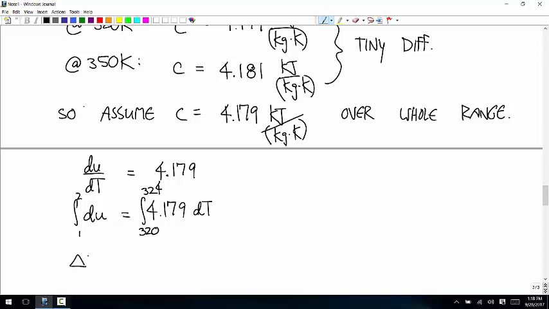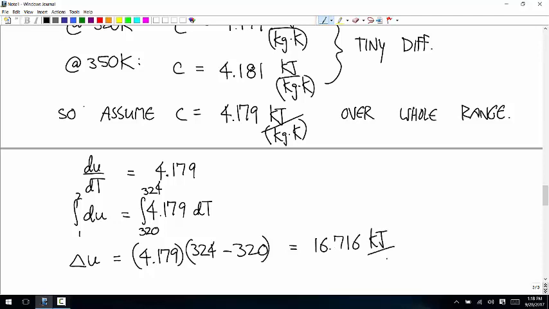And so the change in specific internal energy is equal to 4.179 times 324 minus 320. And so you get 16.716 kilojoules per kilogram.